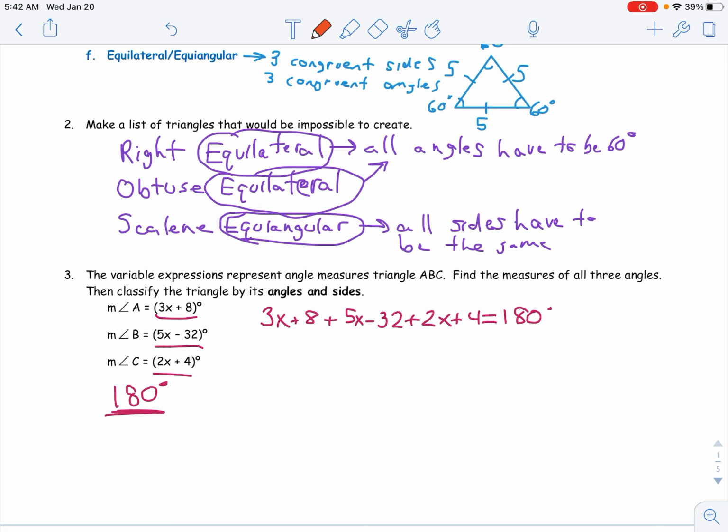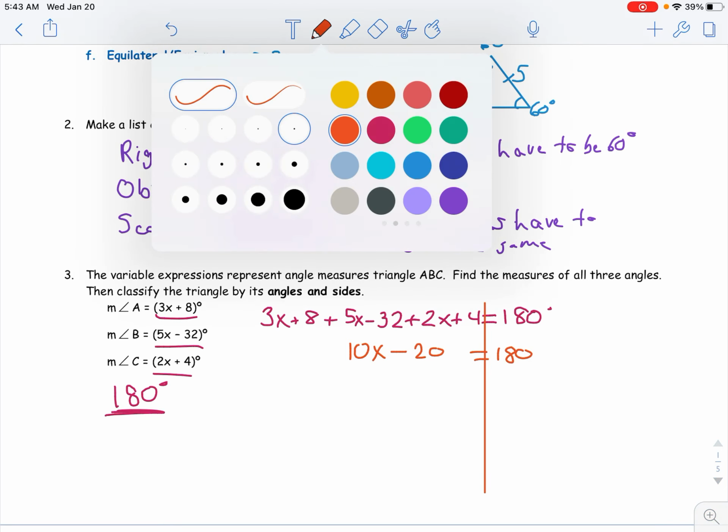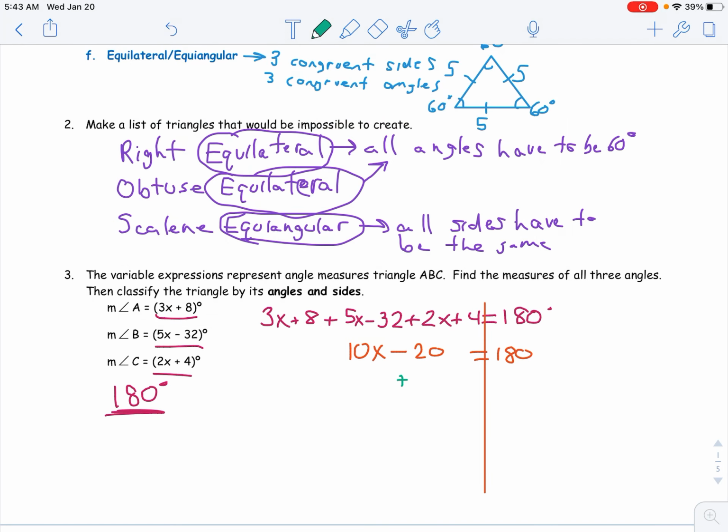Angle A plus angle B plus angle C adds up to 180 degrees. Now remember, the first thing I'm going to do is combine like terms. So I'm going to get 10x, and then I'm going to get, hopefully I avoid any brain farts, minus 20 equals 180, because 8 minus 32 plus 4 is negative 20.